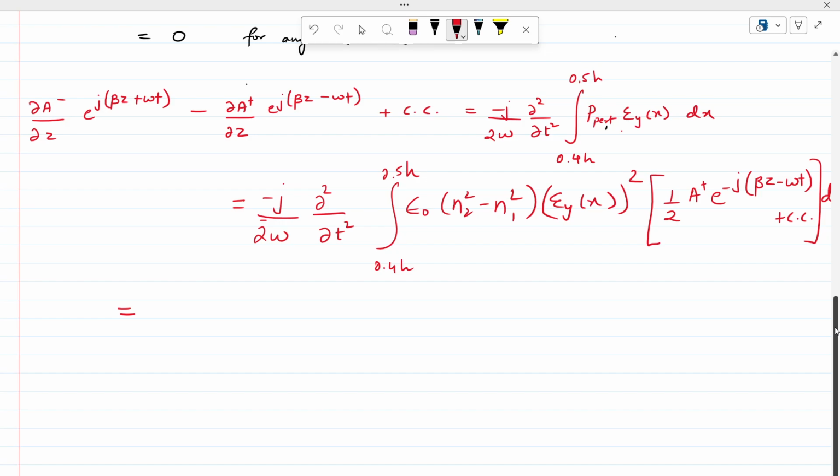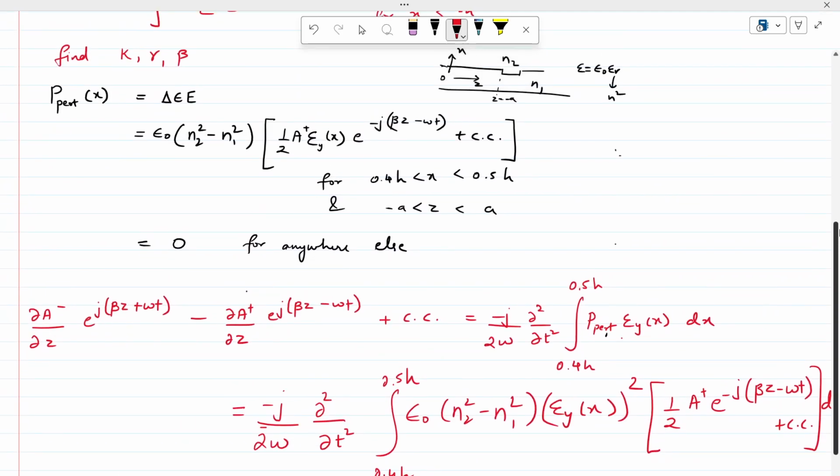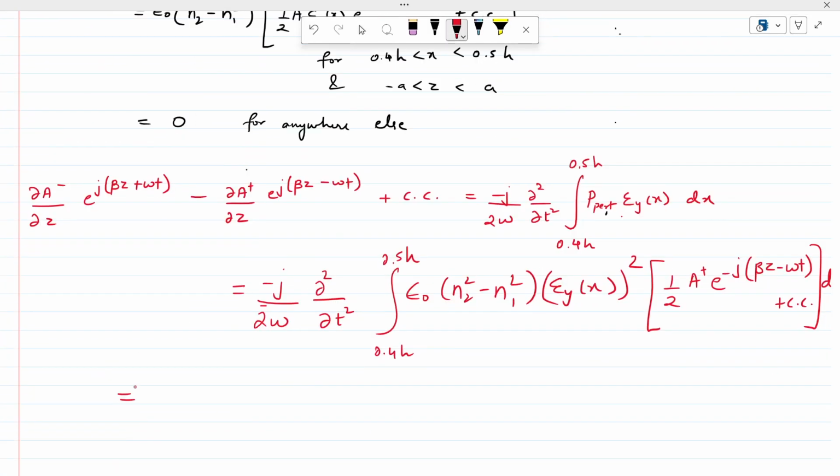Now let us substitute for Ey of x. Ey of x in this region, we will see, is only the forward propagating term. So Ey of x will be this term. The mode term will be the propagating mode term, not the radiating mode term. So after substituting, there is this minus j over 2 omega, then del square by del t square.